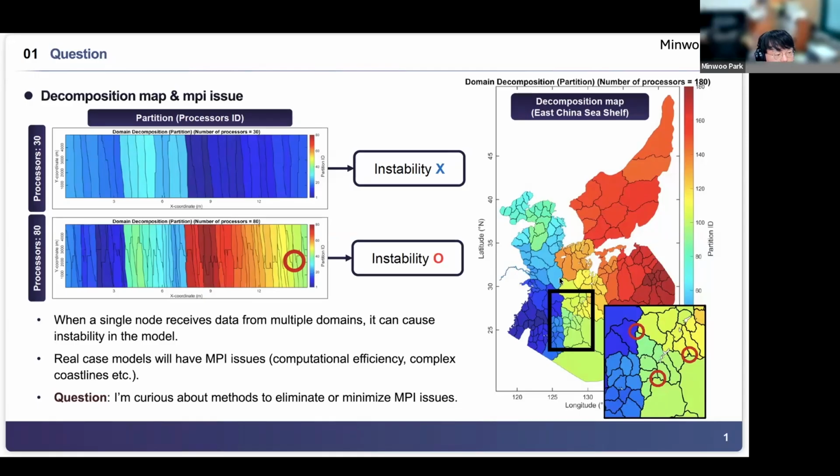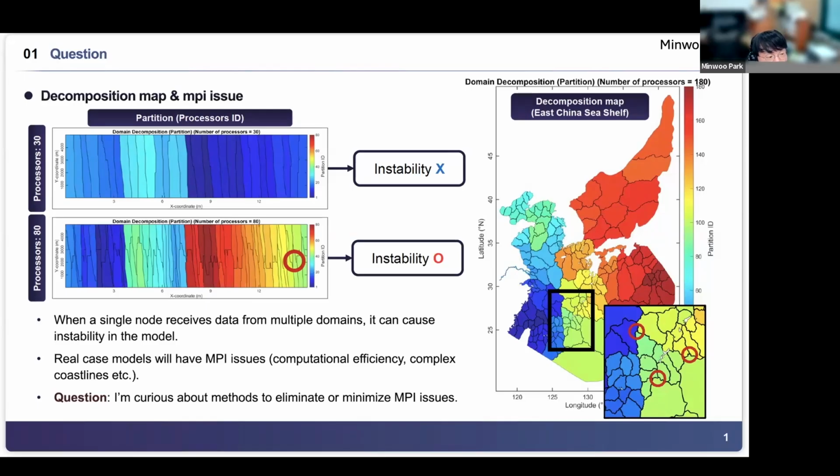During grid division, problems arise due to complex constraints. One node often spans multiple domains. In other words, MPI-related issues inevitably occur in real cases. I'm curious if there is a method to eliminate or minimize these MPI issues when running real case simulations.